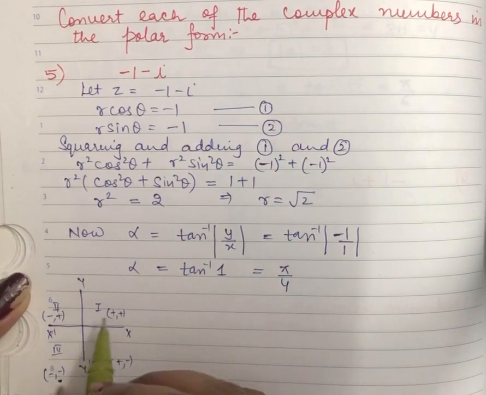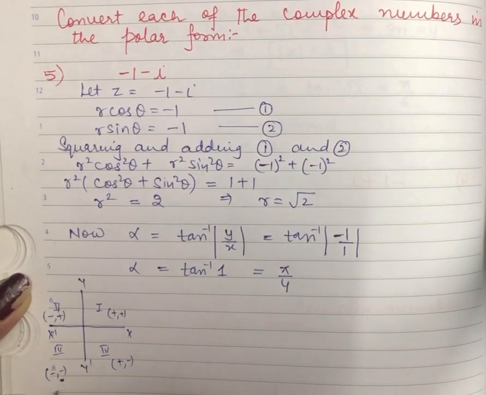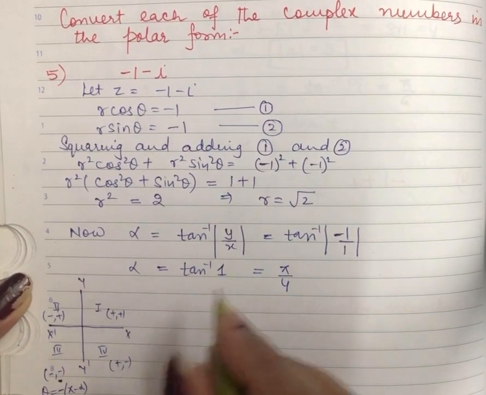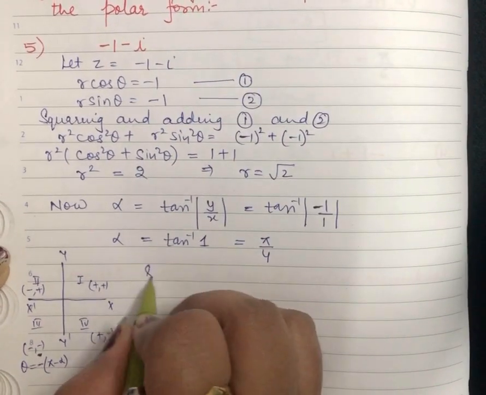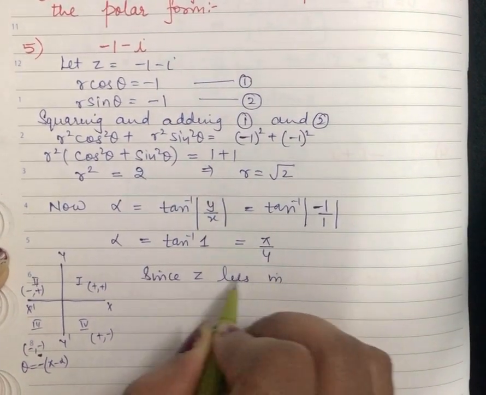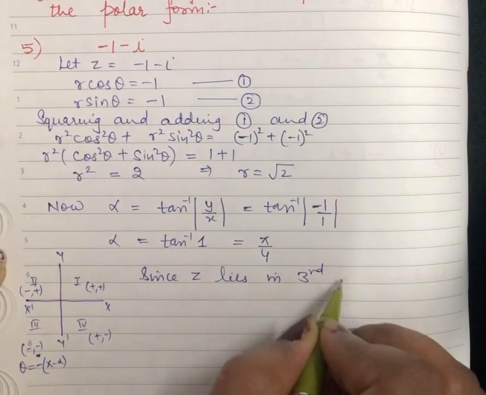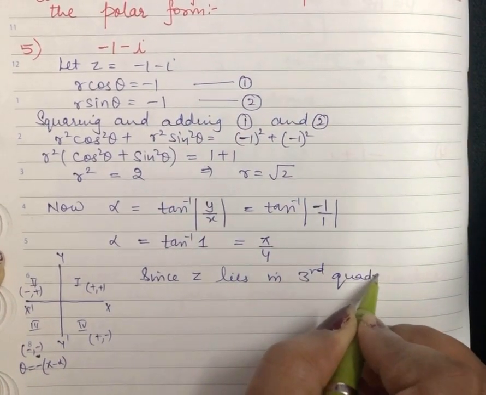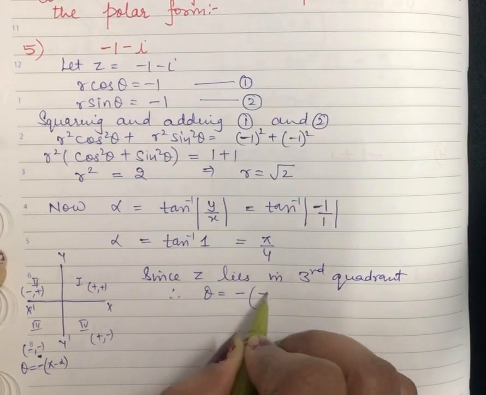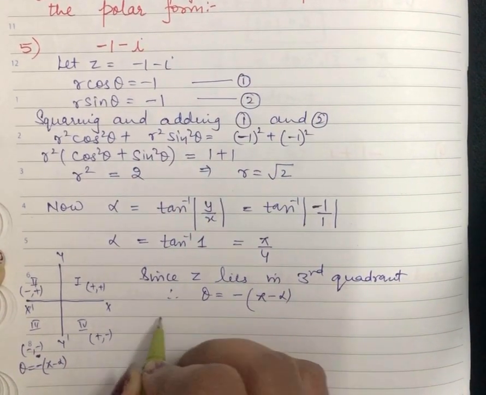So in the third quadrant the value of theta is minus of pi minus alpha, as we have seen before. So here we will write, since z lies in the third quadrant, therefore theta will become minus of pi minus alpha.